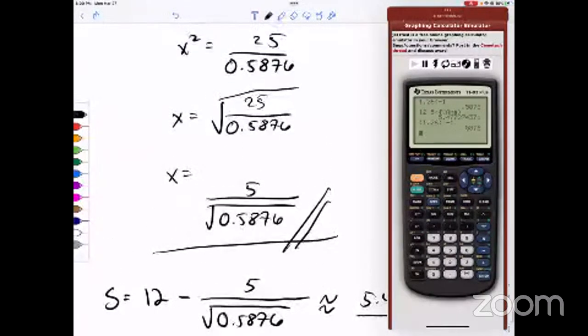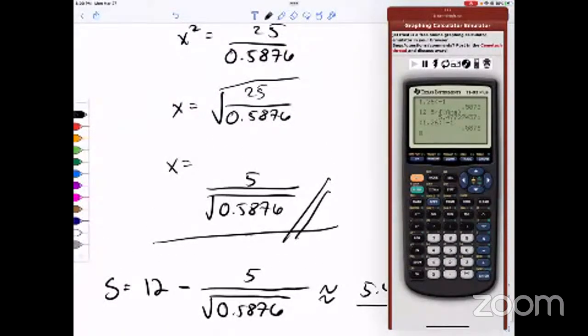Let's see. 12 minus 5 divided by the square root of 0.5876. 5.48.